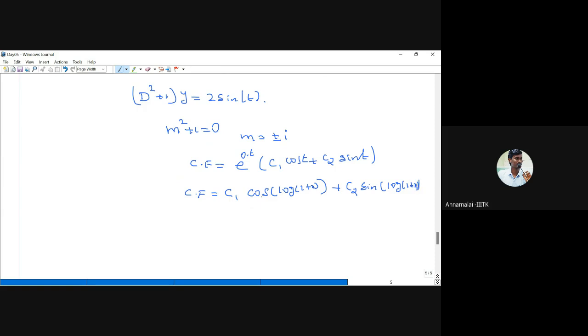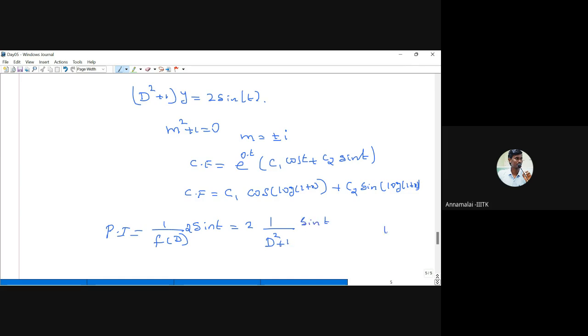Now what is the particular integral for the reduced equation? The particular integral is 1 by f of D times 2 sin t. We can take 2 outside, it is not an issue. So f of D is D squared plus 1, into sin t.